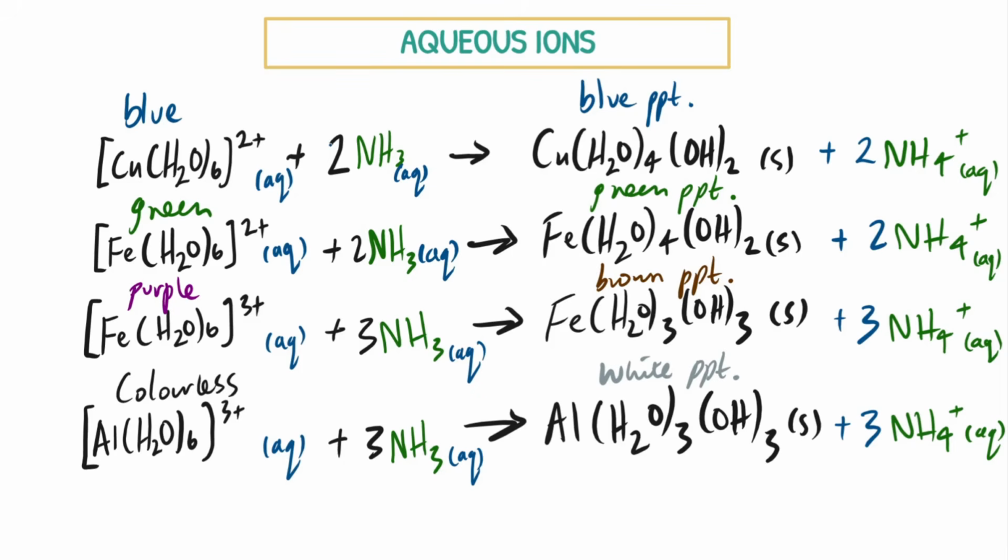Now, a little bit of extra information here. If they ask you what type of reaction this is, it's going to be an acid-base reaction. Now, in A-level chemistry, you have two different types of acids and bases. You're going to have a Bronsted-Lowry acid base or a Lewis acid base. And these are Bronsted-Lowry acid base reactions, or deprotonation acid base reactions.